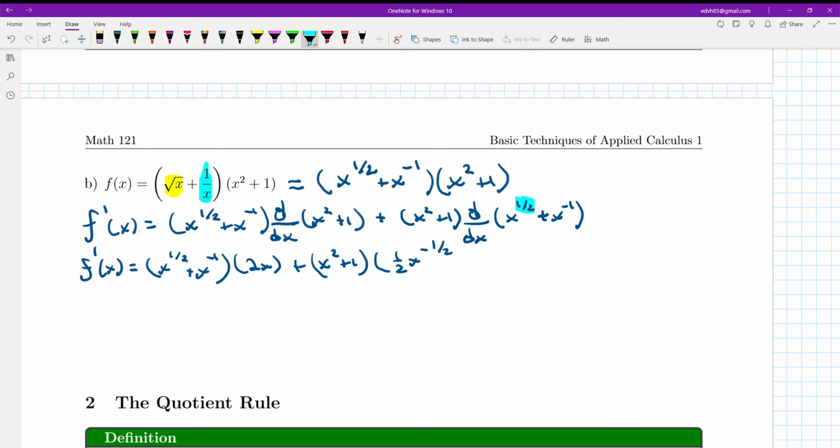Subtract 1 from 1/2, you get negative 1/2. And plus the derivative of x to the negative 1, that's negative 1 times x to the negative 1 minus 1, that's a negative 2. Okay, so we're good to go and keep simplifying all this.